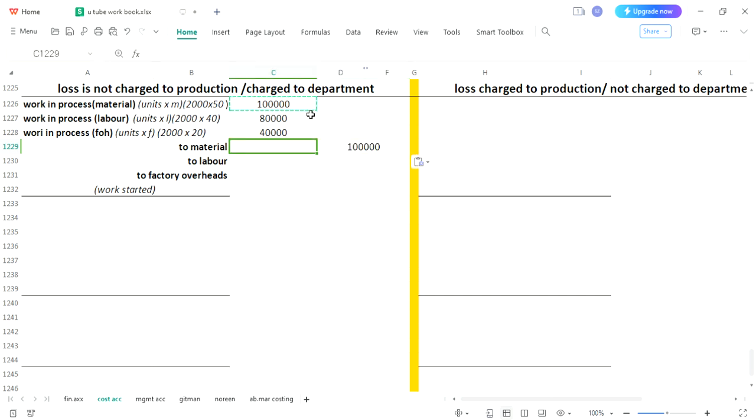Now it is appearing. Second is 80,000. Same amount would be present over here. And the third amount would be the same at this stage. In this way, our first journal entry has been completed. I am requesting you to please focus upon these formulas, and this would be very helpful for you to calculate any amount in any question for spoiled goods. So the first calculations have been completed.